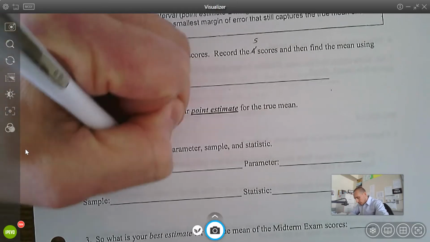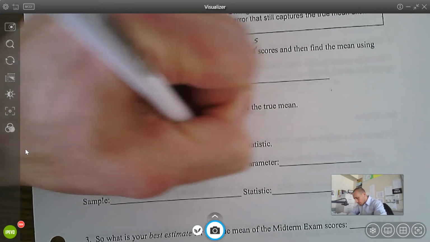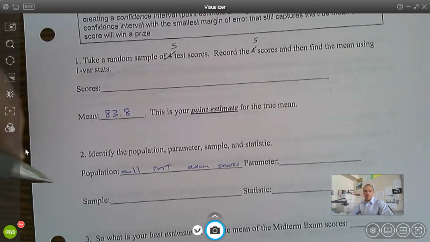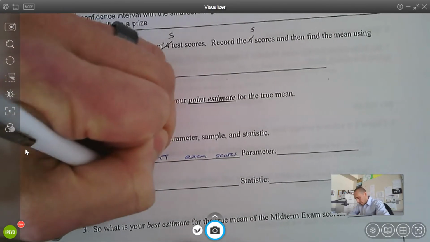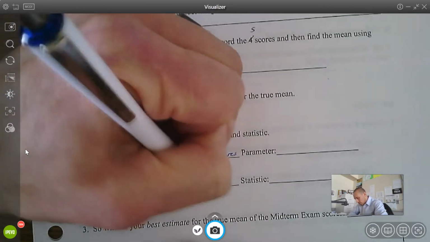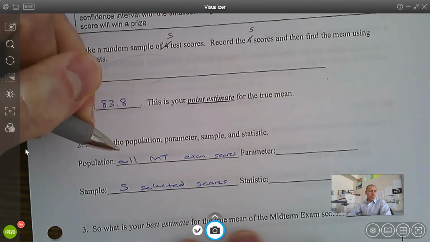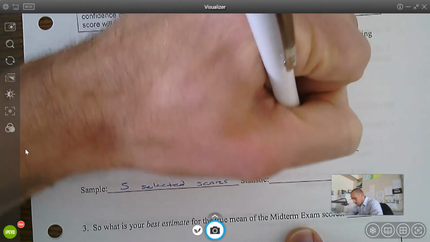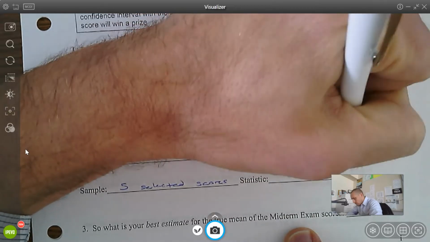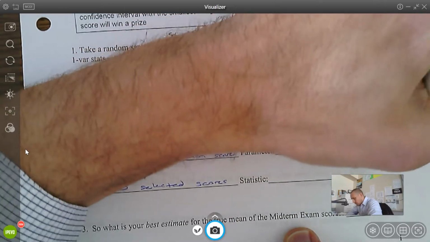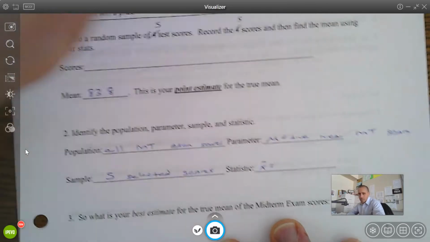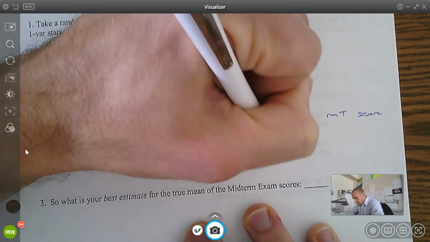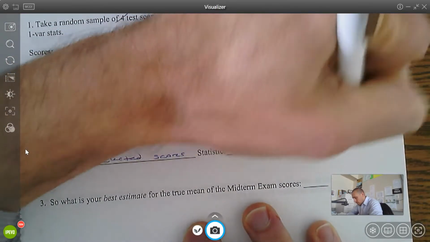So the population would be all the midterm exam scores just for my classes in that specific year, and the sample would be the 5 selected scores. The parameter would be mu, the true mean midterm score, or the population mean midterm score, and the statistic is x-bar, which is your sample mean midterm score.